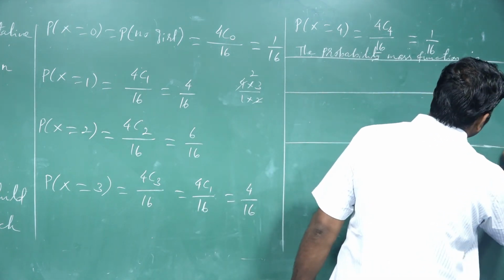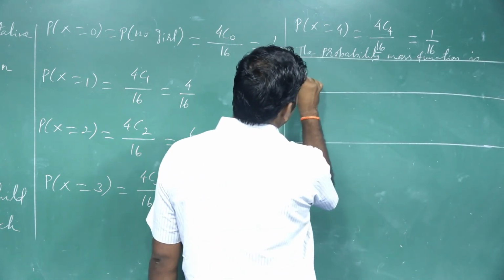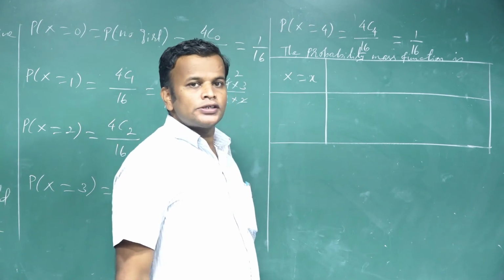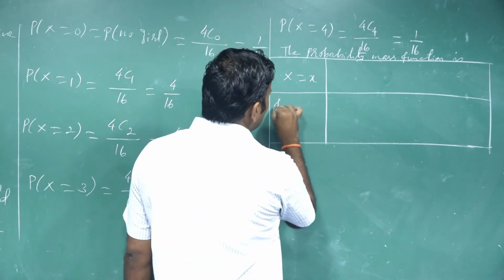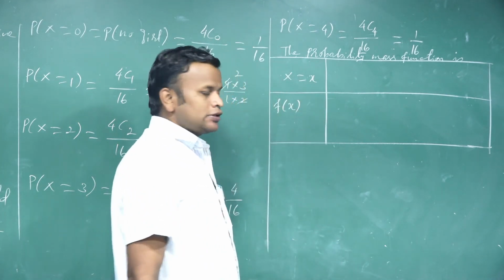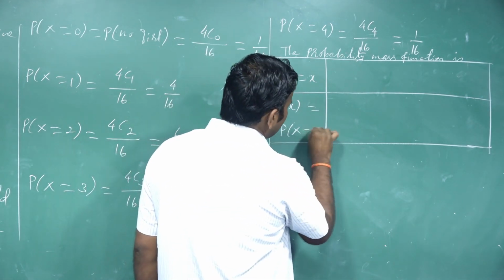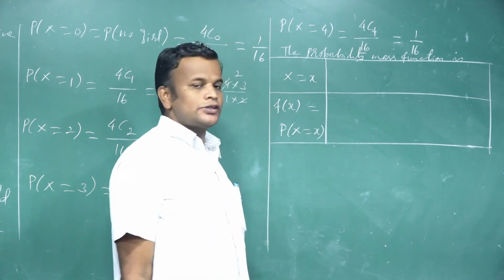The first row indicates the values of the random variable: you write just capital X or capital X is equal to small x. Next, the probability mass function f of x, which is also P of capital X is equal to small x.